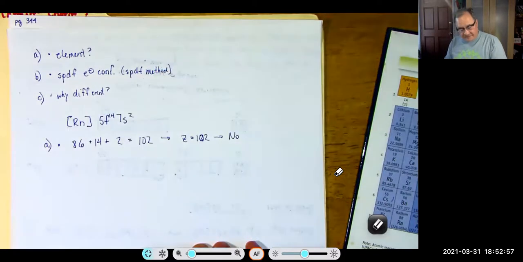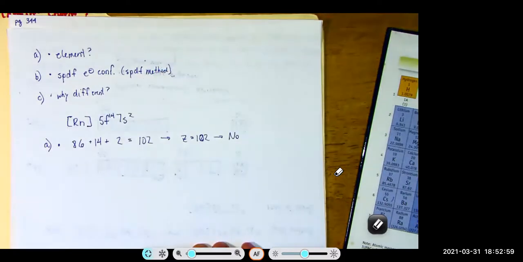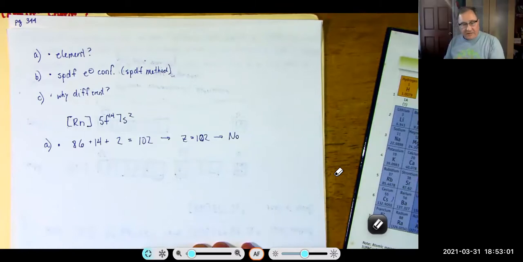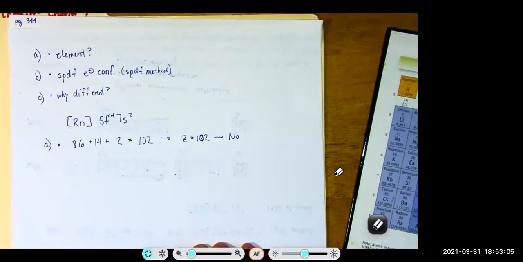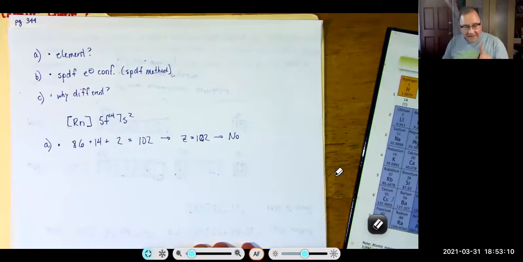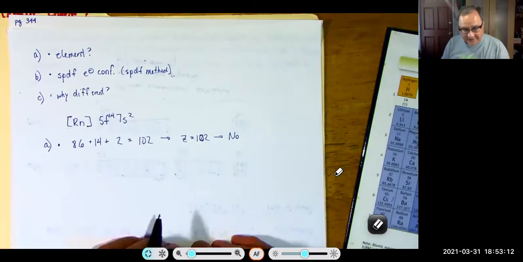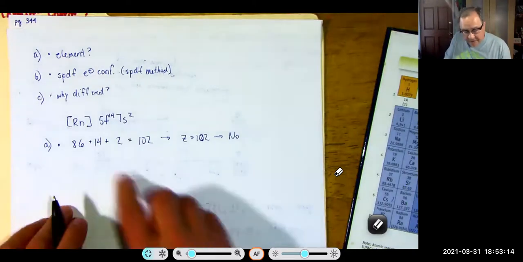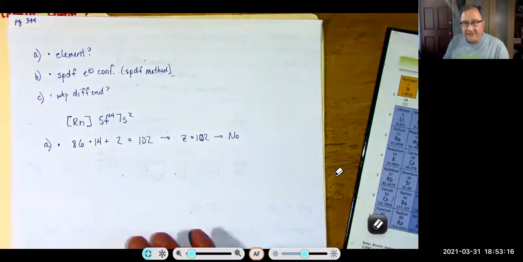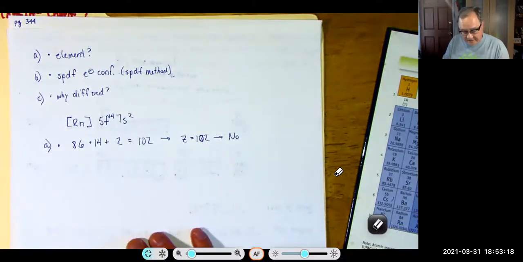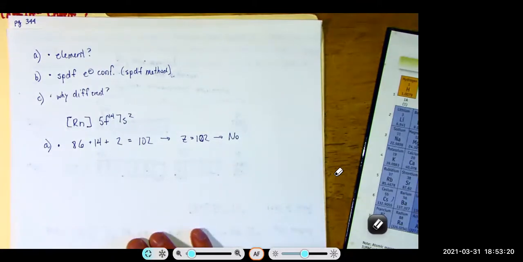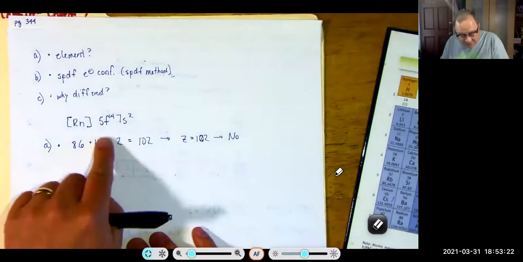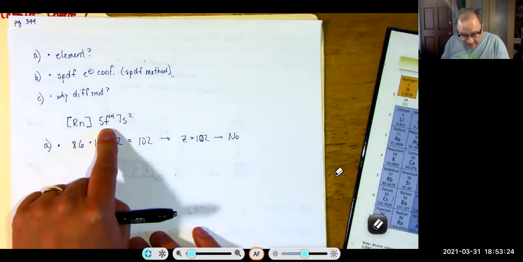Fair enough? Now, why did you want to pick the one after nobelium? Well, because that's the 14th F. And that's not how you do it. So what did you just learn about figuring out what element it is? Don't say, oh, it's the last one in the 5F.